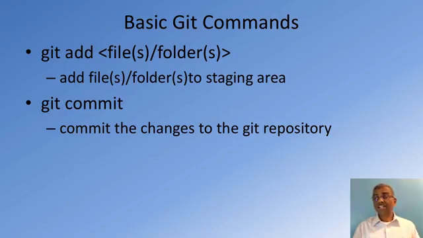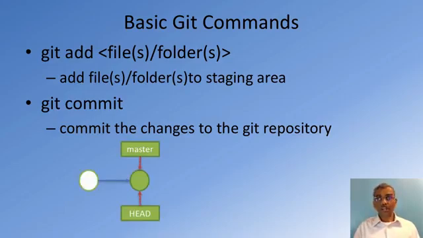All the files as they exist at that moment, once they have been staged using the git add, will be committed to our Git repository when we execute the git commit command. At this point, when we execute the git commit, our initial state will now be changed to the first commit to the Git repository. So let's go ahead and do that.